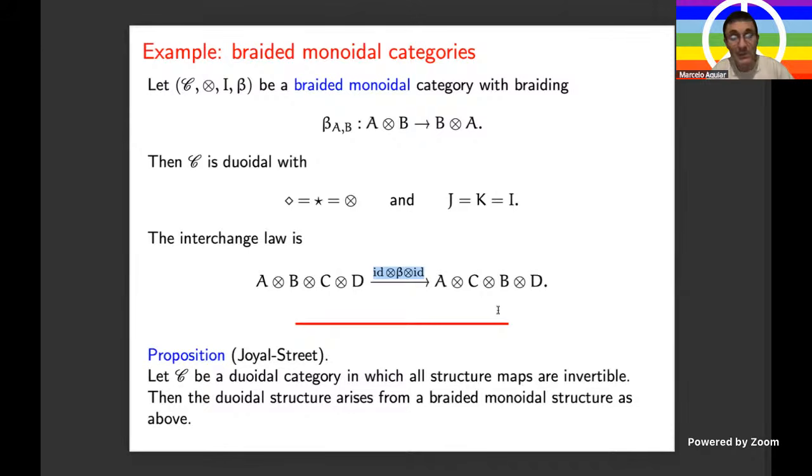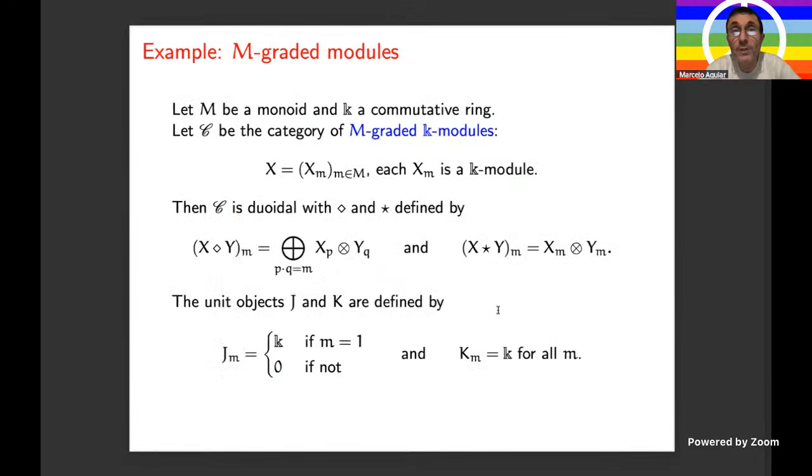Okay, so all right. So what do we have so far? The notion of duoidal categories and one class of examples, the one provided by braided monoidal categories. We should see examples that are not of this kind, in which the two monoidal operations are distinct. Well, here's possibly the simplest one of that nature. You fix a monoid, an ordinary monoid in sets, and let's say we work over a commutative ring K. K will always be a commutative ring in the talk.